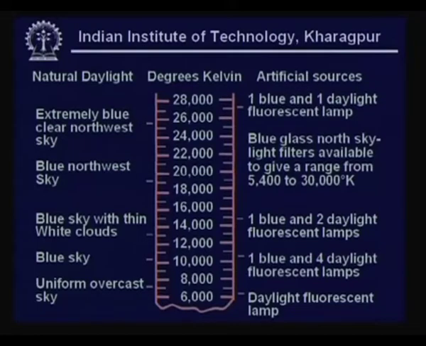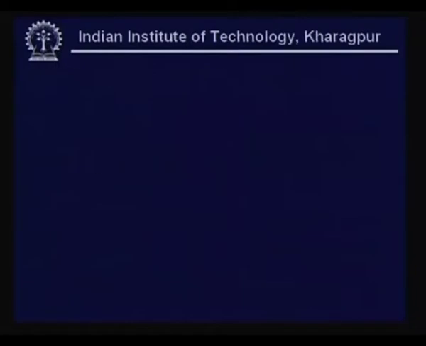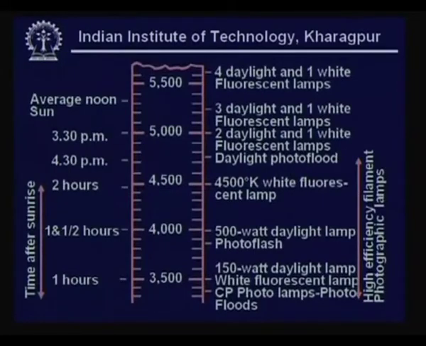Completely overcast sky, uniformly overcast, can be compared to a daylight fluorescent lamp which may have around 5000 degree Kelvin. Continuing further, the average noon sun can be seen to have around 5500 degree Kelvin, which can be obtained with one fluorescent lamp maybe.